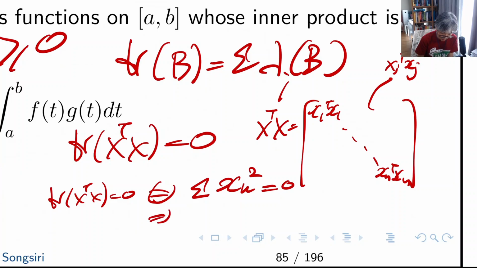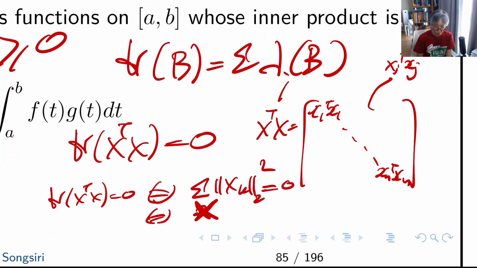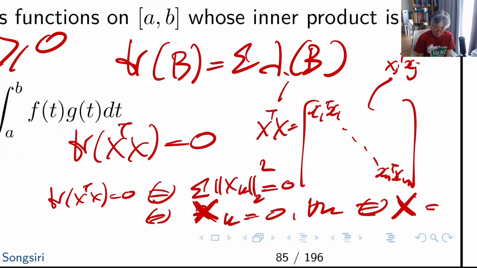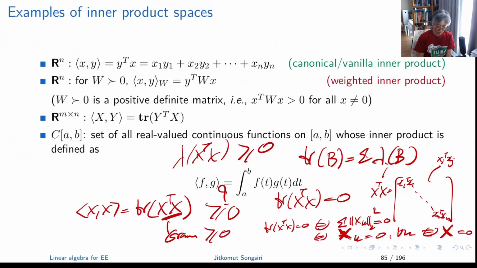No, not square, sorry, this is not x squared. This is the norm squared of the column vector xk. So that happens when the column xk is 0 for all k, and that's the same as the matrix X being 0. Okay.